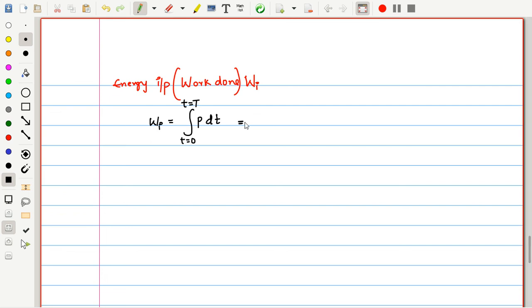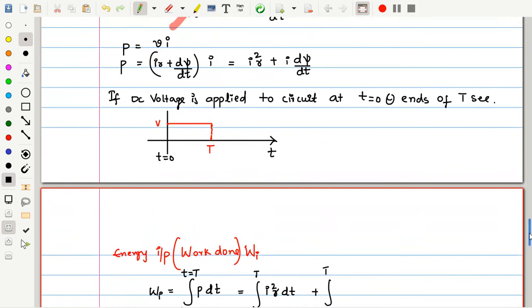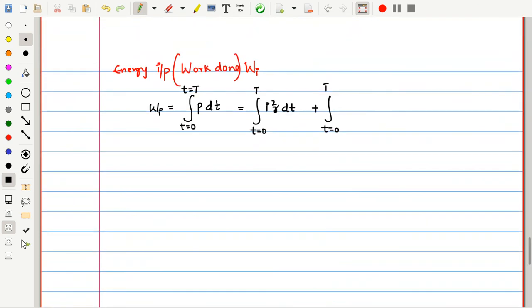So if we complete this, we will get the integral over t equal to 0 to T. Substitute the power expression, what do we get? I square R dt, plus the integral over t equal to 0 to T of I into d psi by dt, into dt.